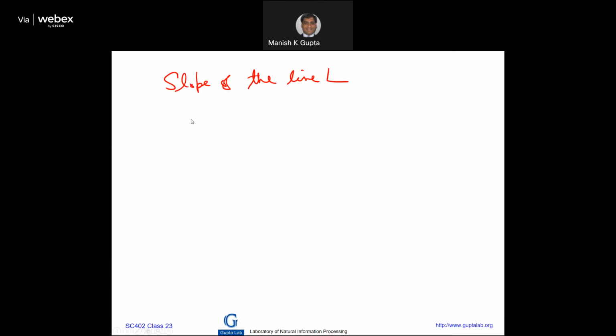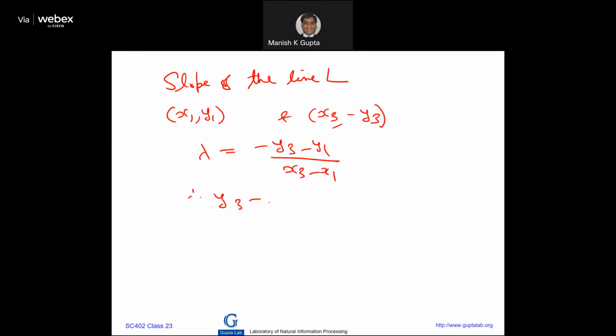So if we take x1, y1 as 1 point on this line, and the other one is x3 comma minus y3, the reflection one, then lambda will be minus y3 minus y1 divided by x3 minus x1. Therefore y3 is nothing but lambda times x1 minus x3 minus y1. So we have found the value of y3 here, right?